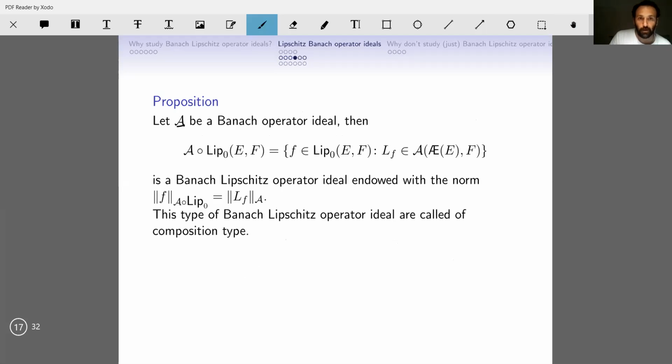Fix a Banach linear operator ideal A. Then A composed with Lip0 are all Lipschitz functions from E to F such that its linearization belongs to A. This is a Lipschitz operator ideal, and if we endow this space with this norm, we obtain a Banach Lipschitz operator ideal. This type of Banach operator ideal is called of composition type.